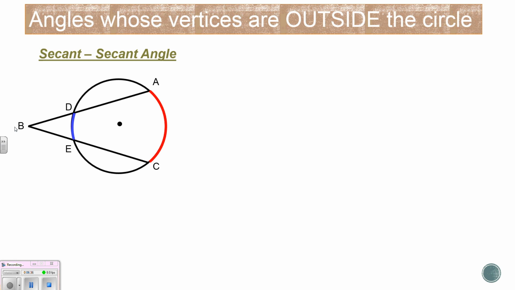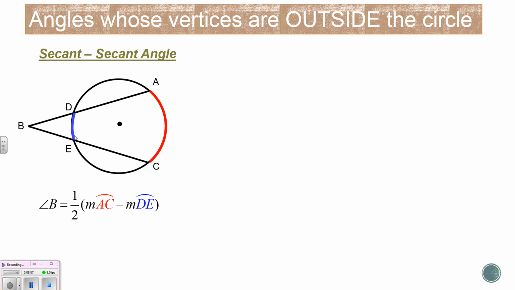The way that we figure out the measure of angle B is not the average. We're not going to add the 2 arcs and divide by 2. Instead, we're going to subtract the 2 arcs and divide by 2. Always make sure you're taking the big arc minus the little arc.